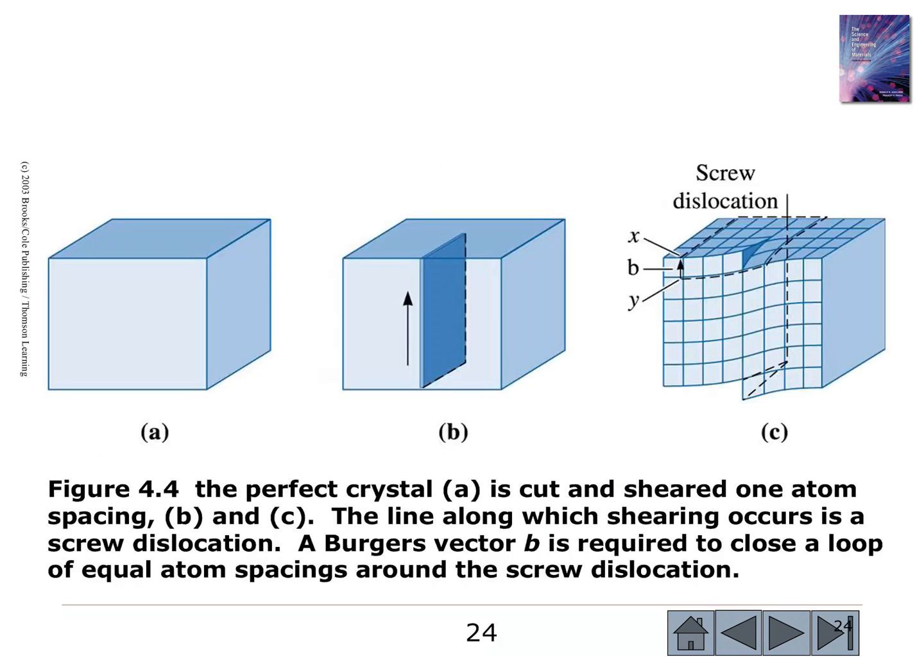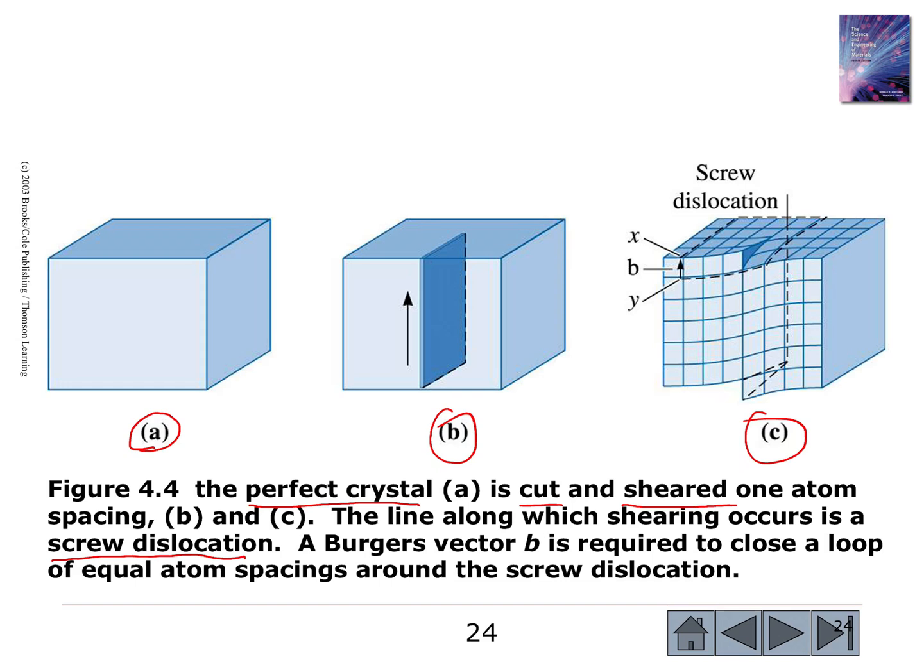If you look at this figure, in A you see a perfect crystal, right? In B, the crystal is cut and sheared one atom spacing, in B and C. The line along which shearing occurs is a screw dislocation, right?